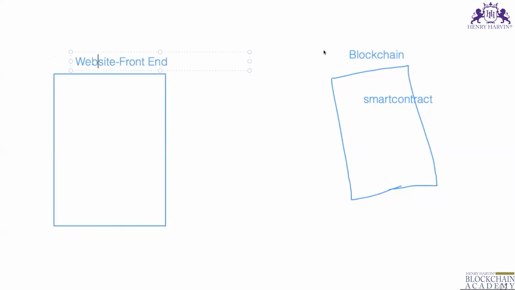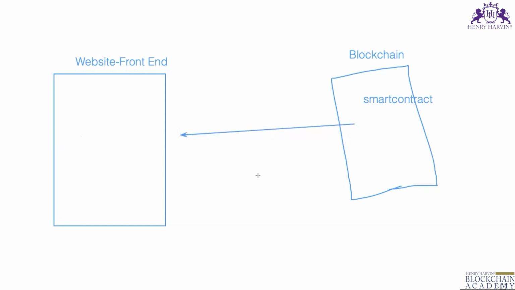So the blockchain part we have already done, and here we have stored one string variable. For example, my name, or something like welcome hello world. So some string is already stored on the blockchain. Now we are going to create a website and read this value from the blockchain, and display it on the website.